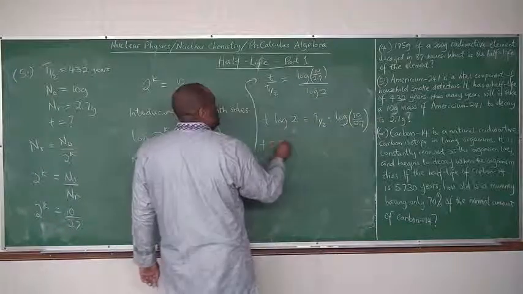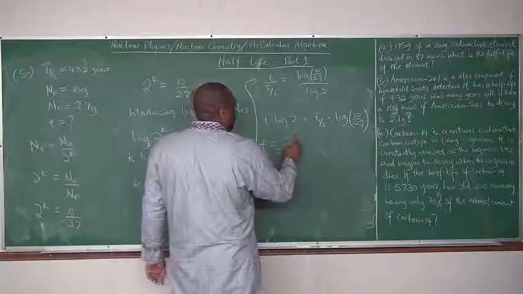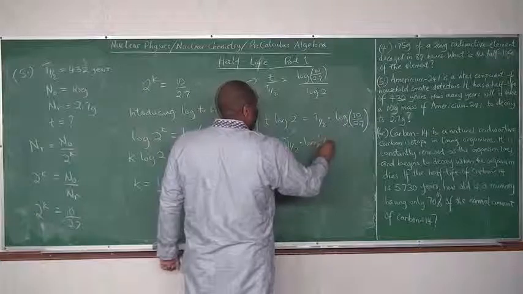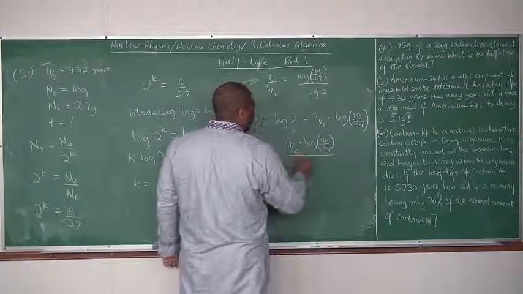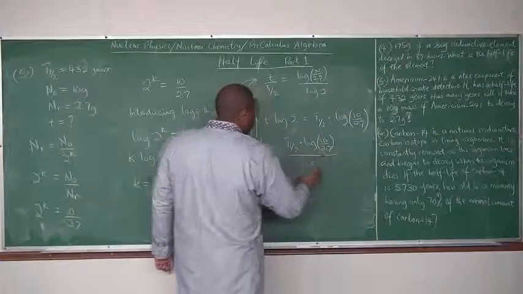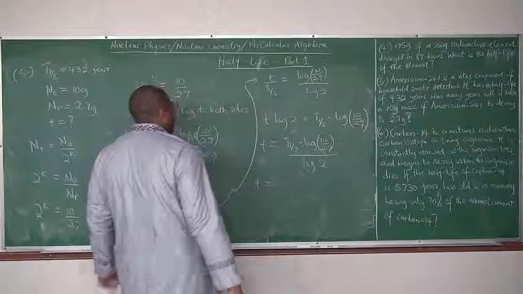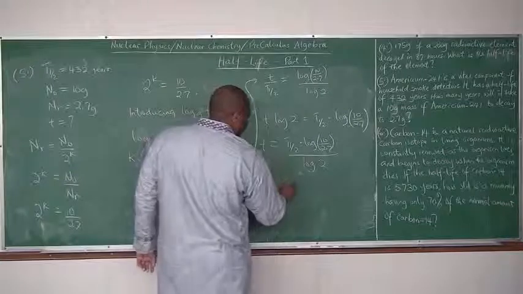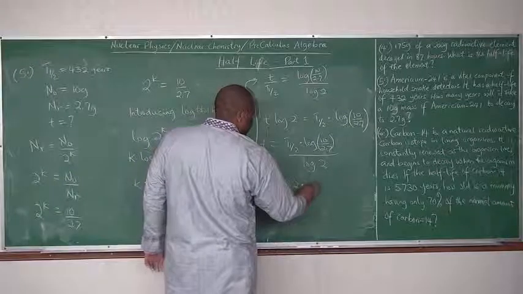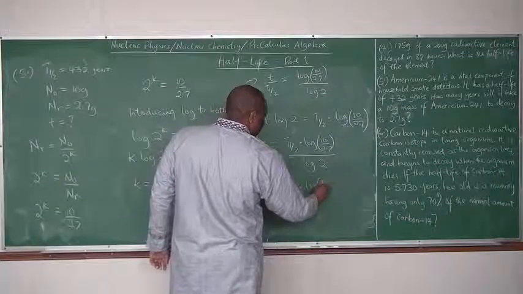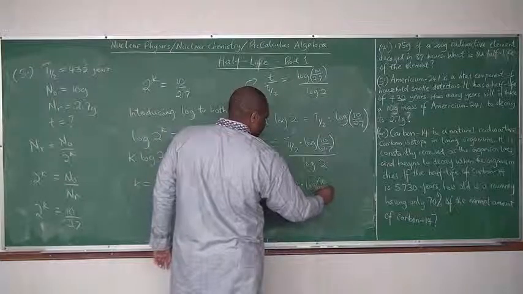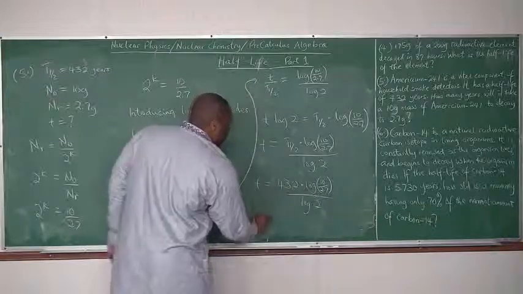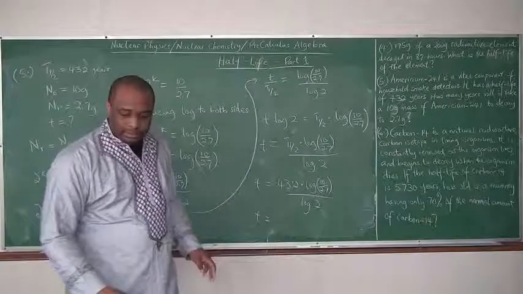So my t will be half-life times log of 10 over 2.7 all over log 2. The half-life is 432, so 432 times log of 10 over 2.7 all over log 2. Now, let's find what our t will be.